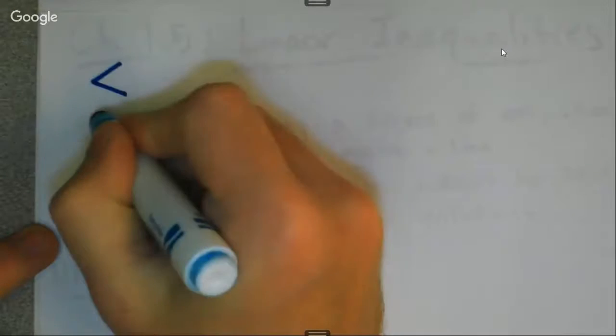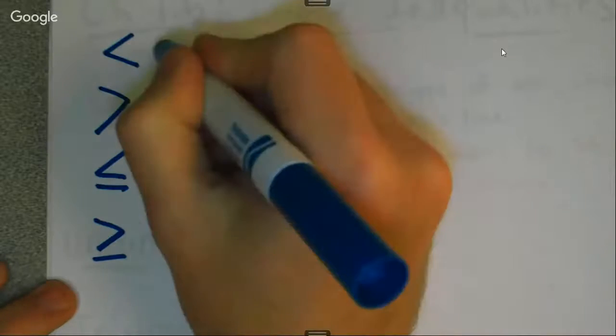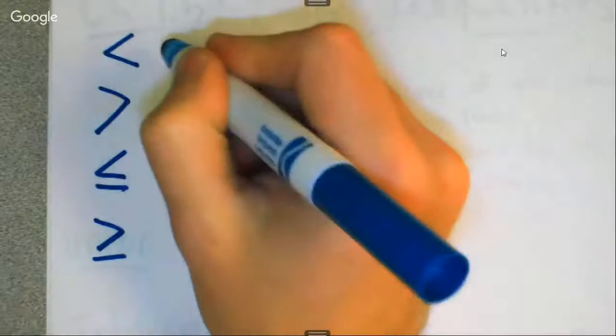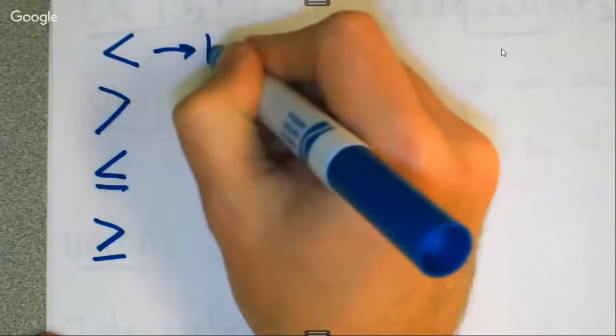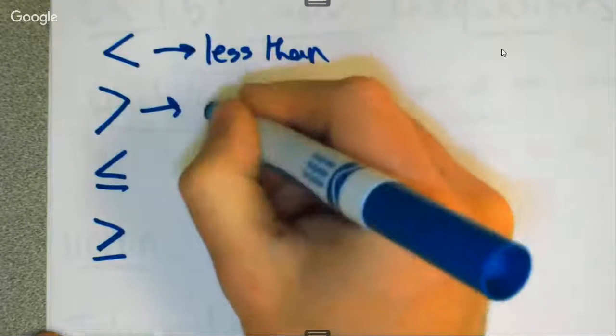symbols that we have for inequalities. Okay, so those are the 4 that we have. This one is less than. We have greater than.